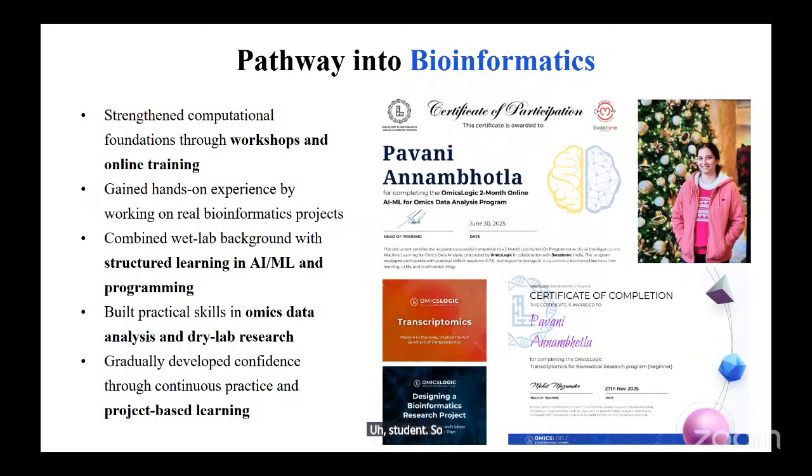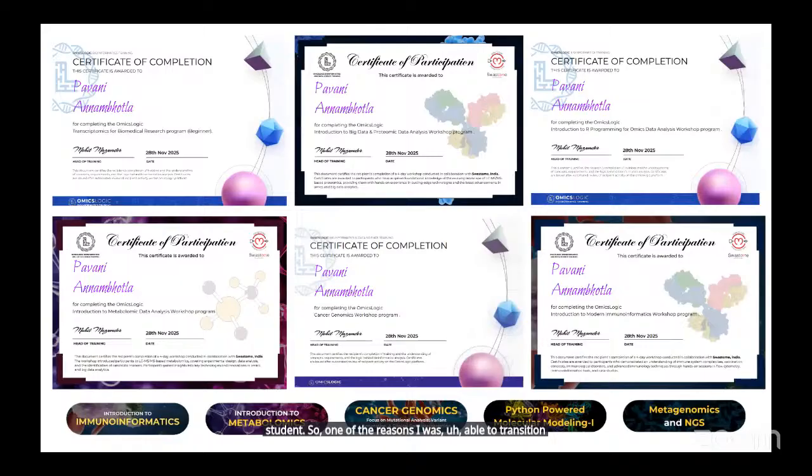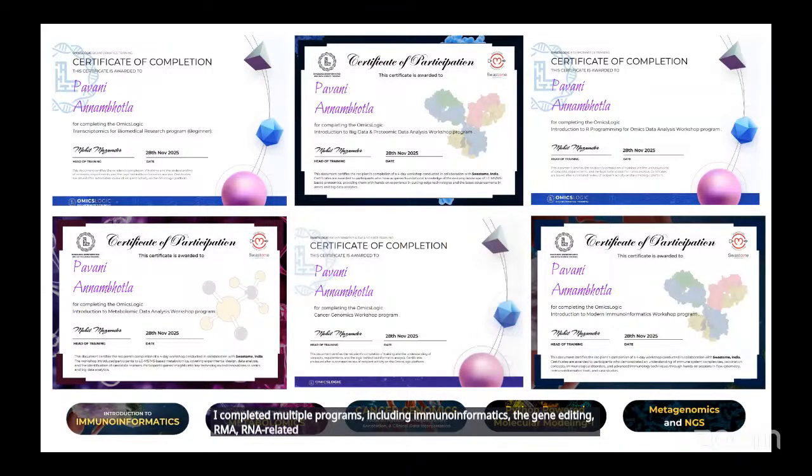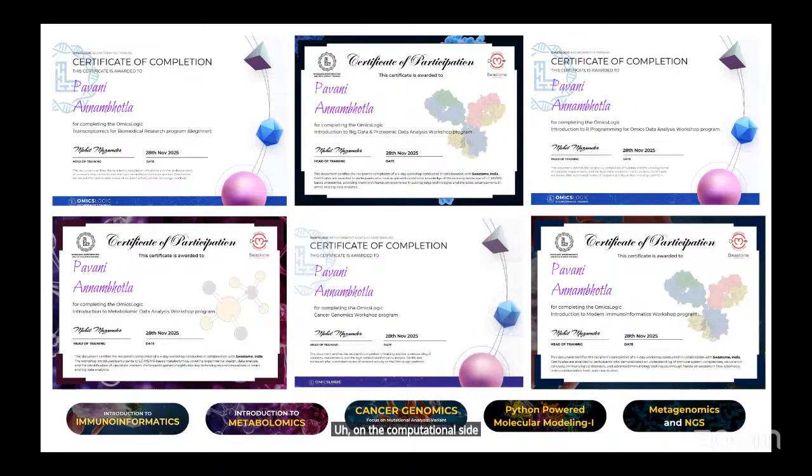One of the reasons I was able to transition successfully is that I constantly upskilled myself through various certifications and trainings. I completed multiple programs, including immunoinformatics, gene editing, RNA related domains, and NGS workflows on the computational side.